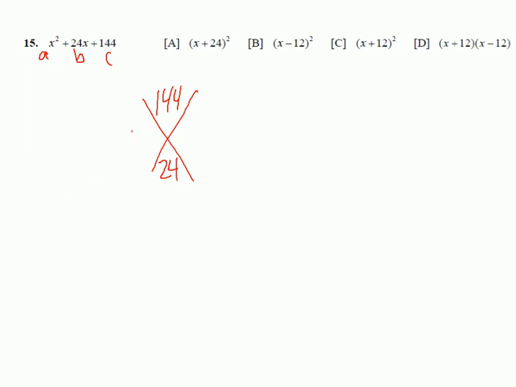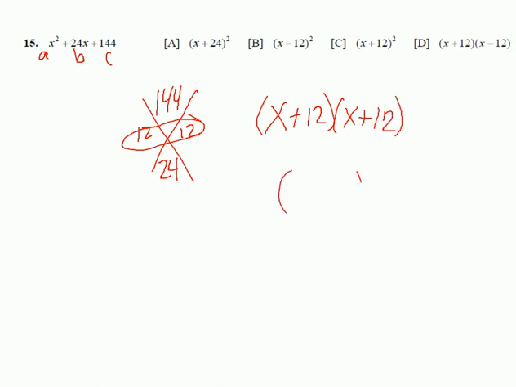So Madison is telling me 12 and 12, and in fact 12 and 12 does add up to 24, so that's working perfectly. And so it's going to be x plus 12 times x plus 12. You can write it like this, but it's mathematically more succinct and efficient to write it like this, x plus 12 with a little square out there. There it is.